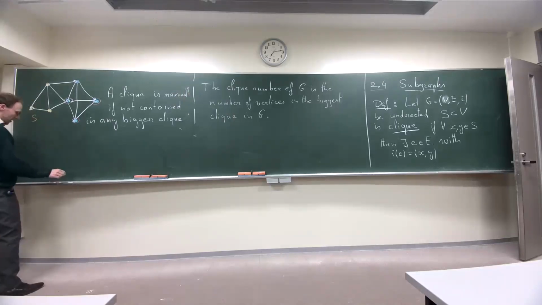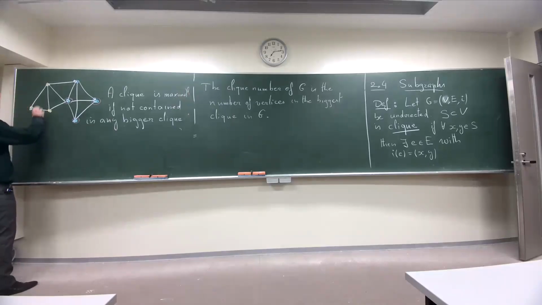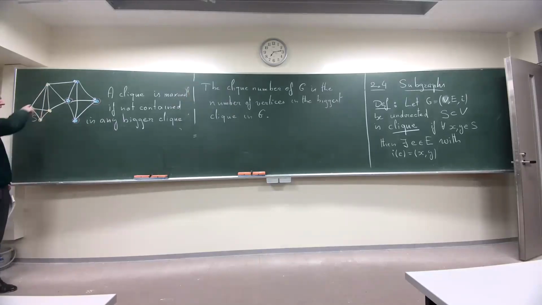But let me cheat again. If I draw this now, the blue one and the yellow one are two cliques with 4 elements. So the clique number is 4, but I'm not saying that the clique which realizes this number 4 is unique.